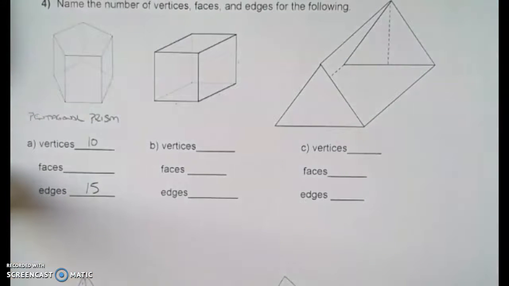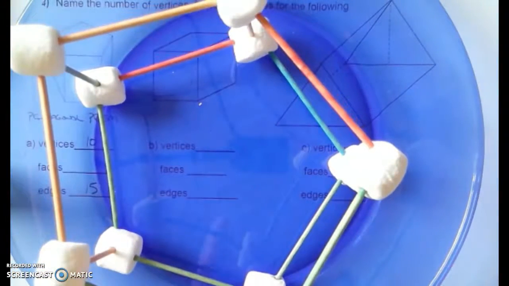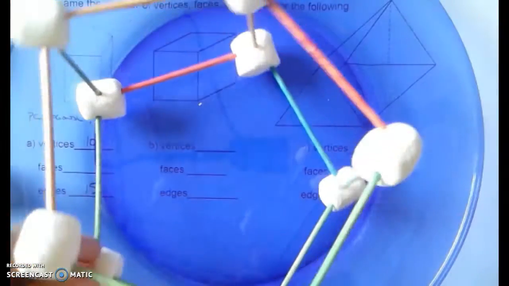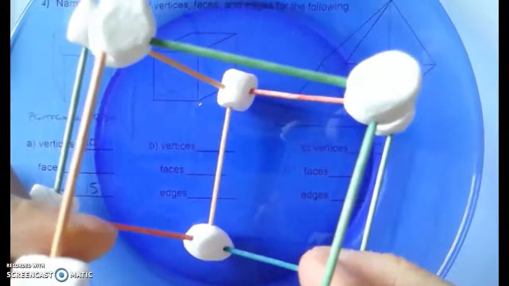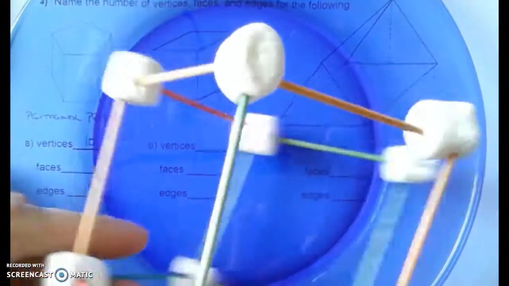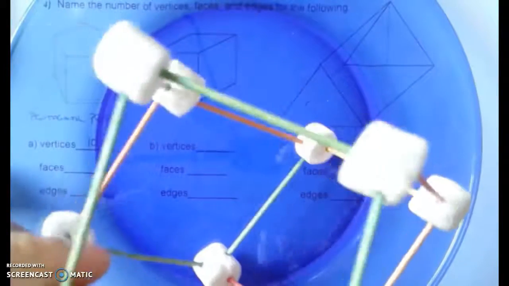Okay, and now for the faces. The faces are the flat surfaces. Well, I know I have 2 pentagons, the top right here and the bottom right here, but then I also have all of these rectangle sides as well. I have 1 rectangle, 2 rectangles, 3, 4, and a 5th rectangle.